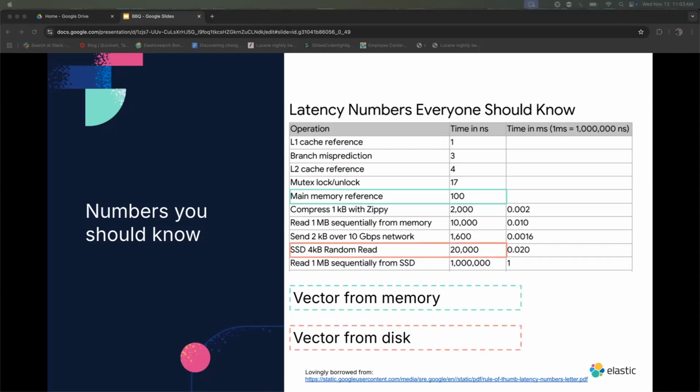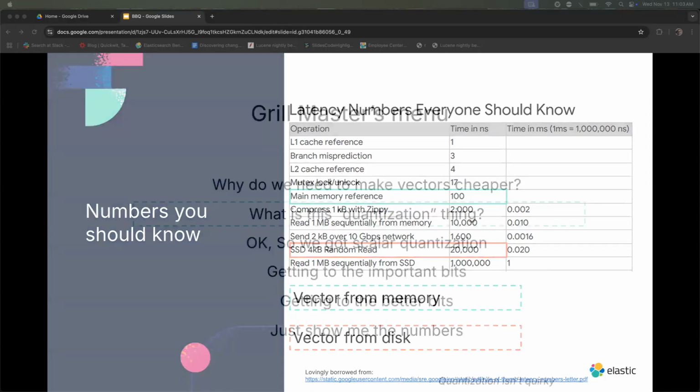For reading from an SSD, it is a 200x increase in cost when you have to seek and then read from disk a random spot to then load it into memory and then to read it. And so for search patterns that are very random, this is your cost. So if only there was a way to make vectors smaller and cheaper.